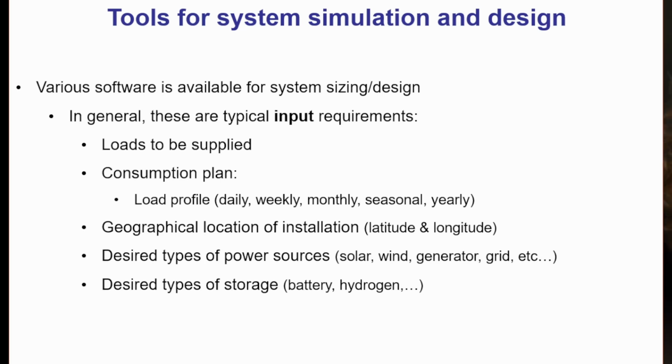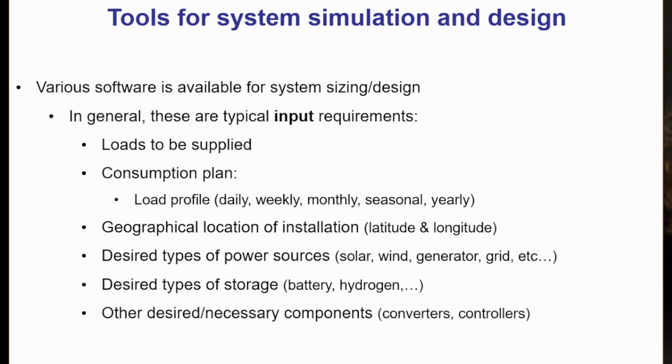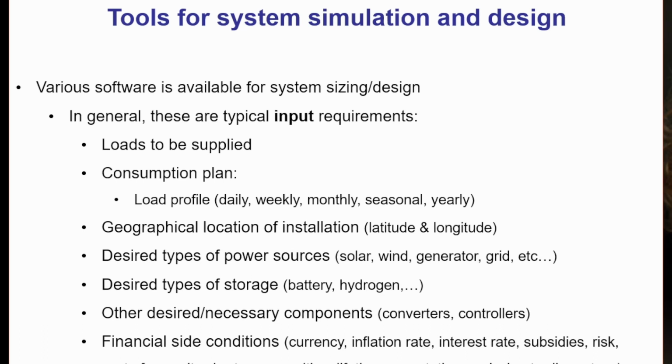So you would have one cycle every year only. And so, for example, for Germany, hydrogen is a preferred option. So you have other necessary or desired components, for example, inverters, converters, and controllers.